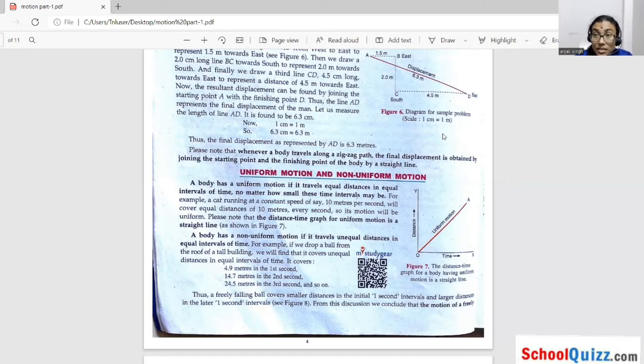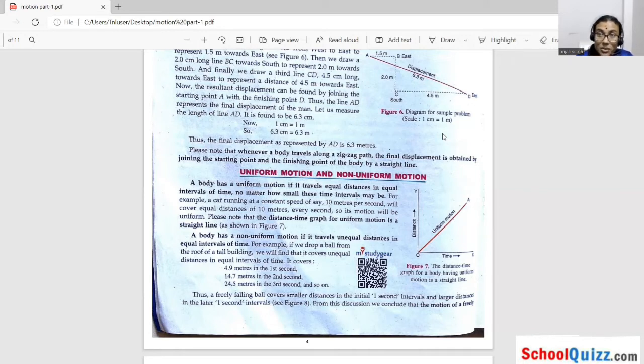Clear? Distance can be greater than displacement, but displacement can never be greater than distance. It will be equal to the distance, but not greater.